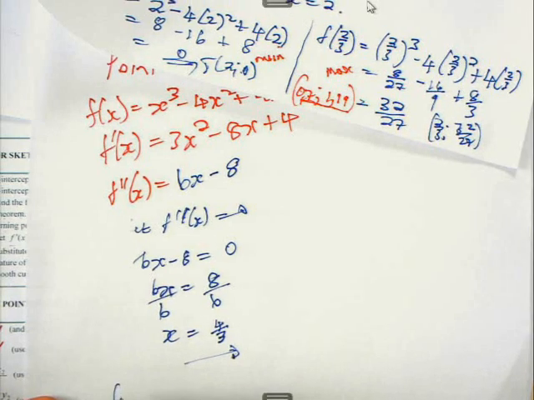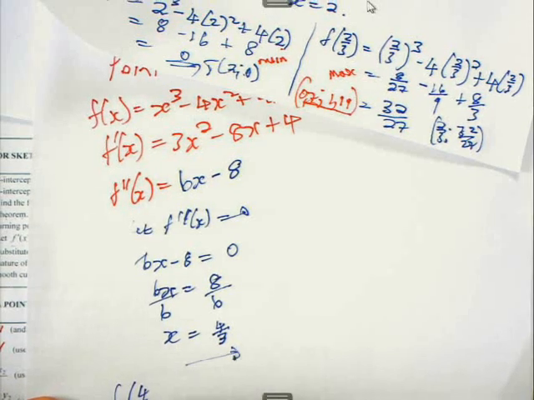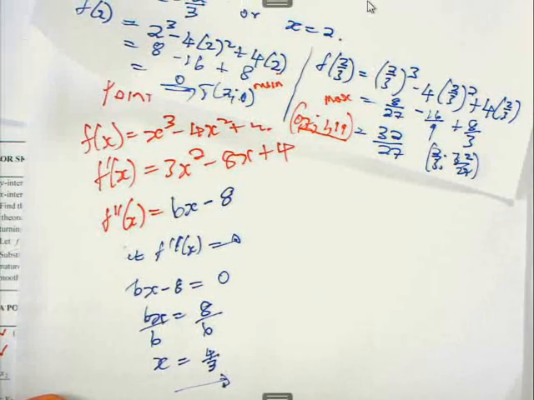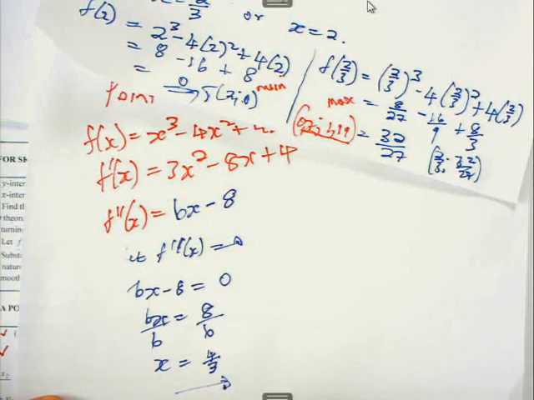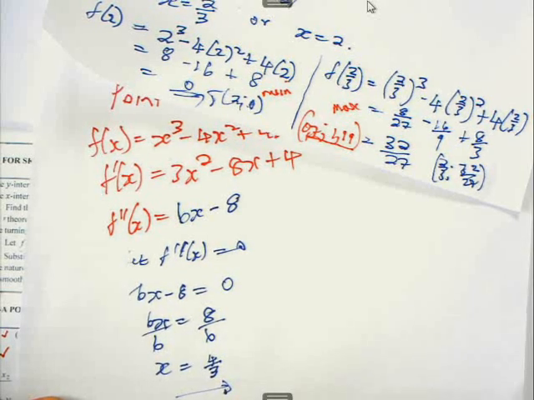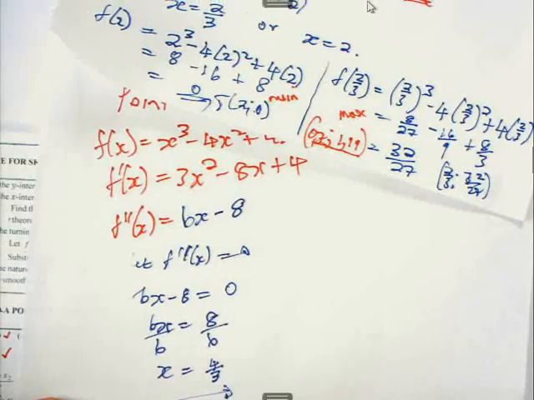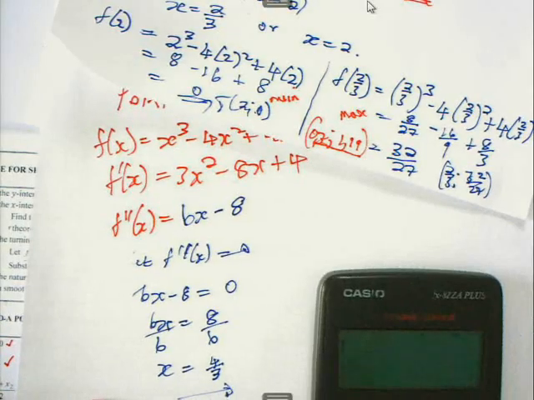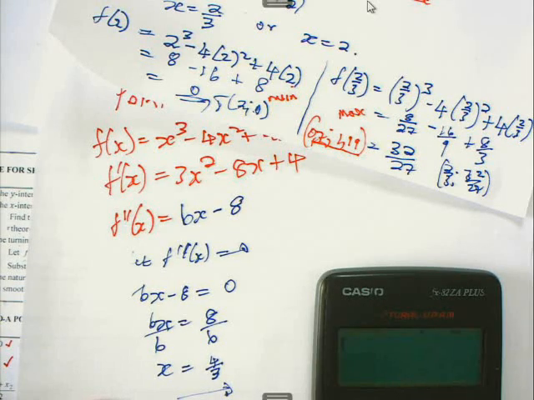You take the x, which is 4 divided by 3 there, then you substitute it in the equation. You're going to have (4 divided by 3) to the power of 3, minus 4 times (4 divided by 3) squared, and then plus 4 times 4 divided by 3. Now you say equal sign there. Now we can use the calculator to work this one out.